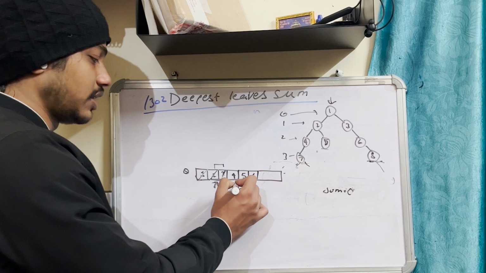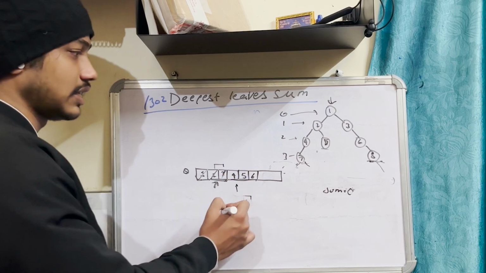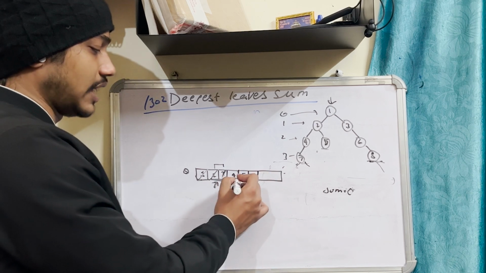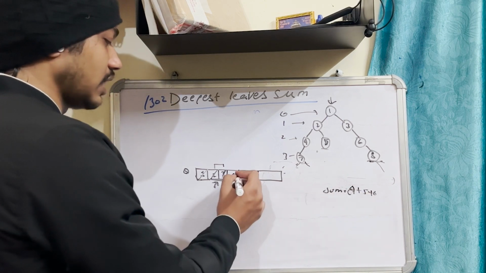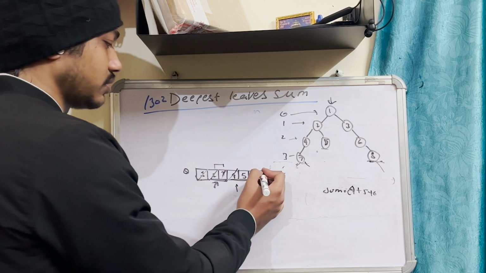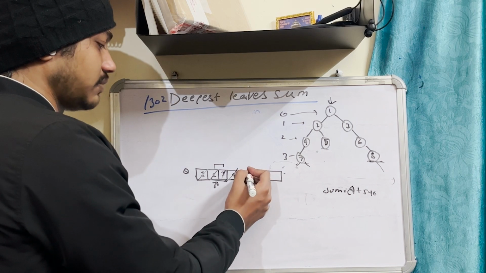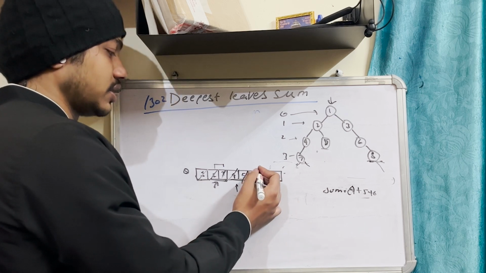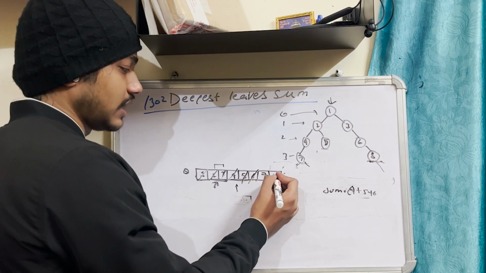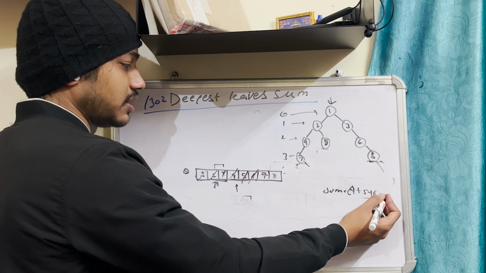Then your pointer will be here, the size is 3, as you can see. Then you'll iterate and add these values 4, 5, 6, and for 4 we will pop 4 and put its child 7. For 5 there is no child, you won't do anything, you just add it here. For 6 you will remove 6, add its child and sum it up.